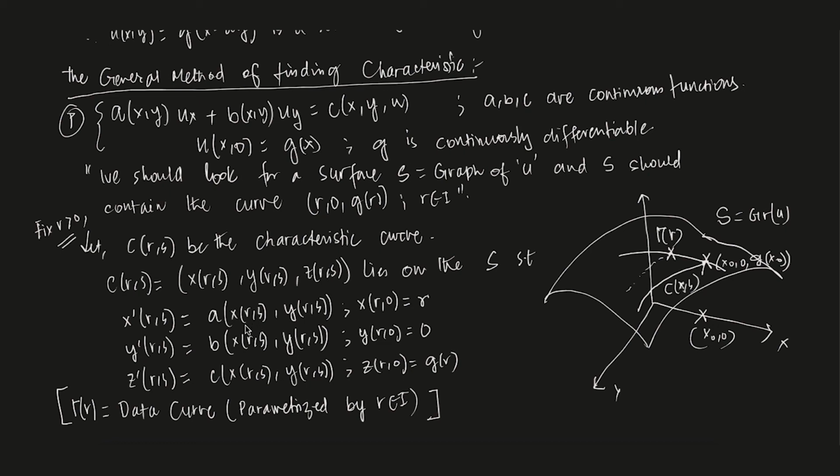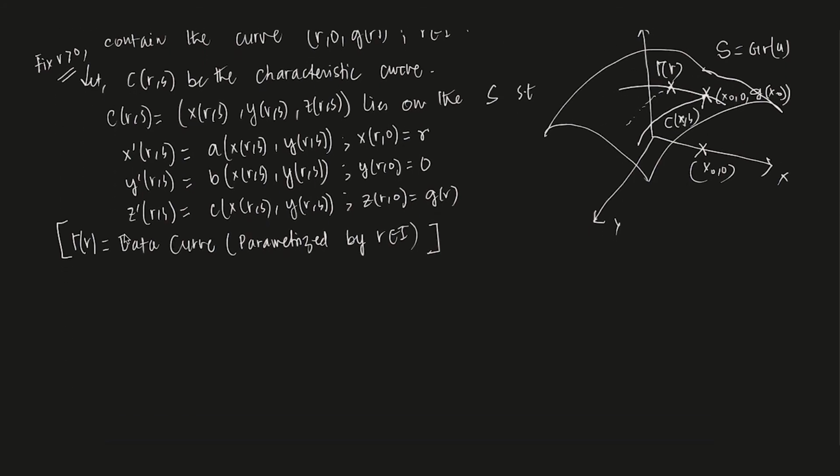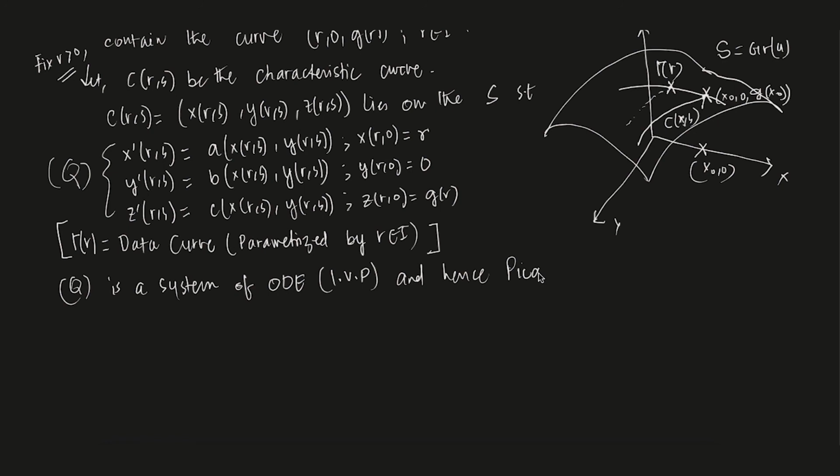So you see, now, is there a solution for this thing? What is it? This is an ODE, right? It's a system of ODE. So let me put it this way. Let's say this is your new Q. So Q is a system of ODE, right? Initial value problem. Its initial values are given, and hence you can use Picard's uniqueness theorem.